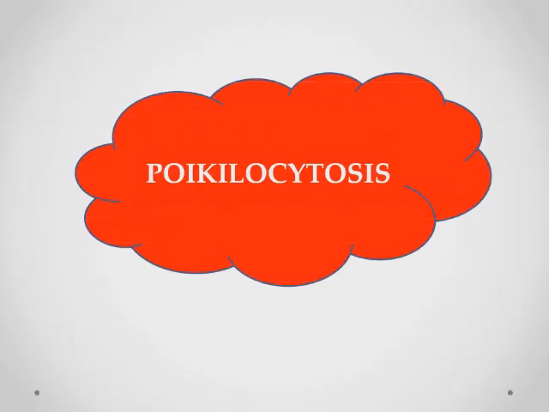Now we finished the normal maturation of red blood cells from the beginning at pronormoblast, passing to normoblast with all its different stages, and also the premature RBC, which is called the reticulocyte, and finally we reached the mature red blood cells.